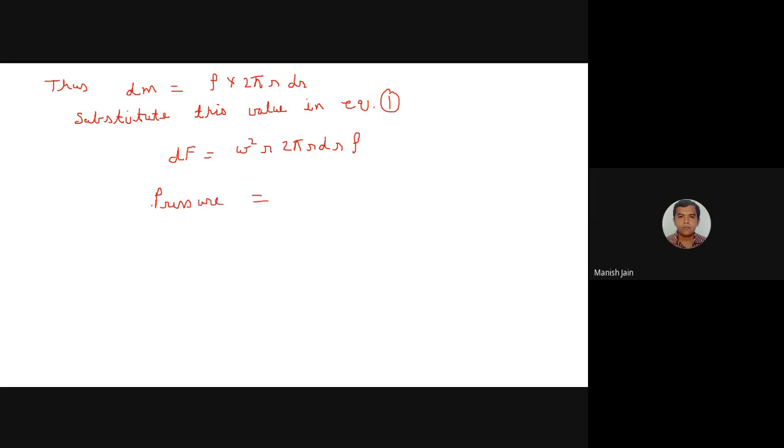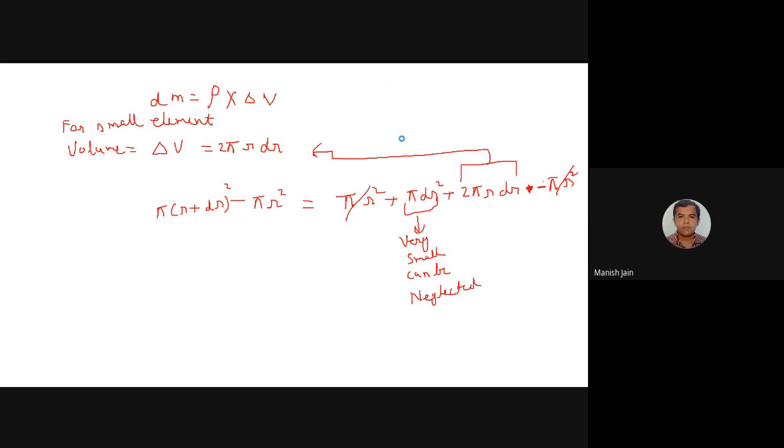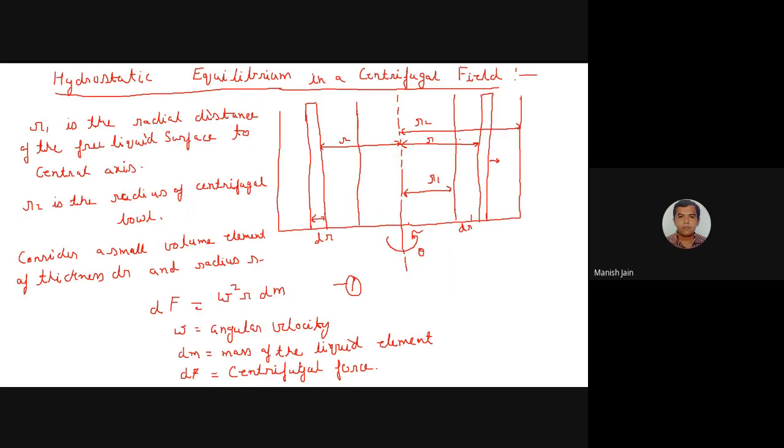By definition, pressure equals force divided by area. Because the pressure force should be equal to the centrifugal force, this value can be used as the pressure force. What I am telling you is that because there is a force in this direction, the same amount of force will act in the opposite direction, so the liquid will become rigid and it will not flow.